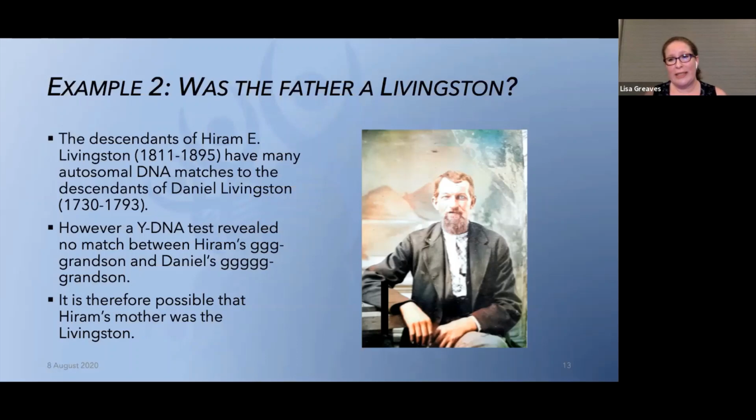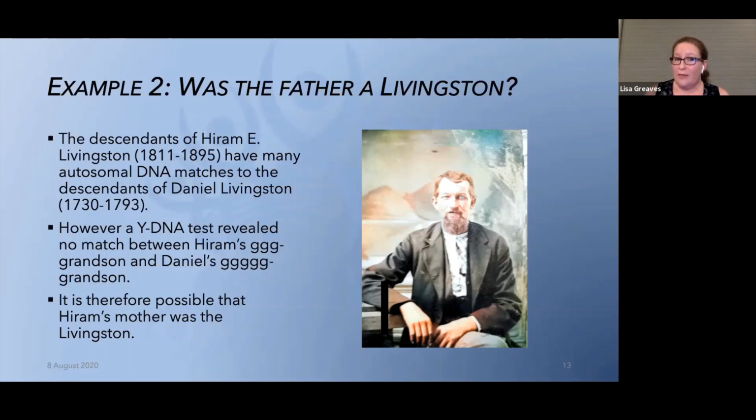That's actually pretty common because the test databases are not large enough. It's the same problem that the ethnicity databases were having initially. They just don't have enough reference samples to categorize your sample. So that's something that may improve over time as more people get into the Y-DNA testing.